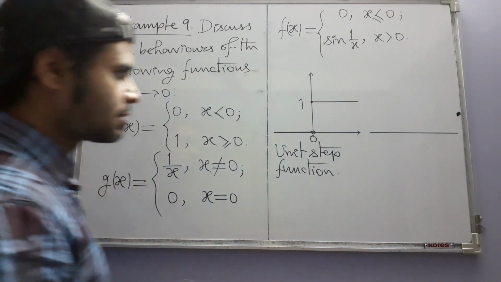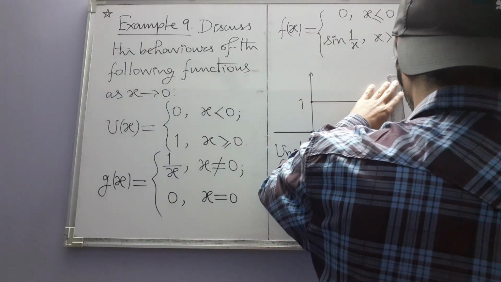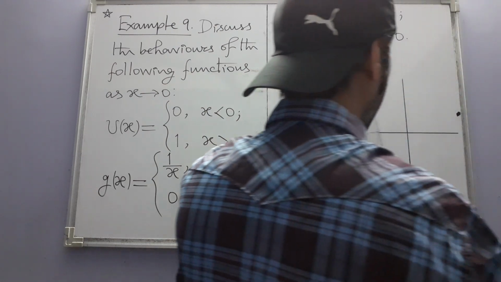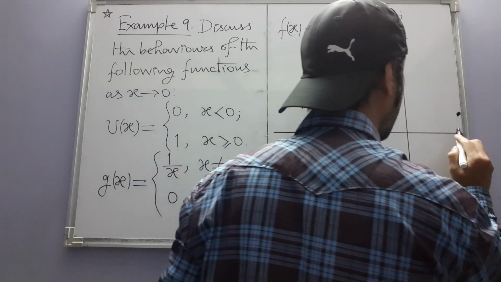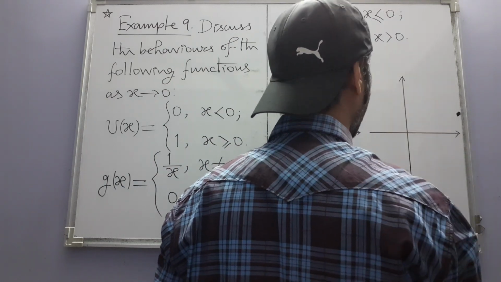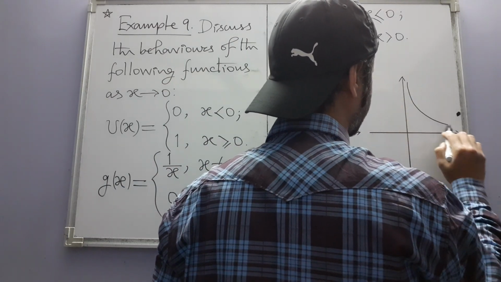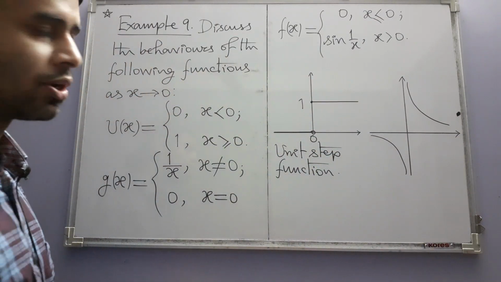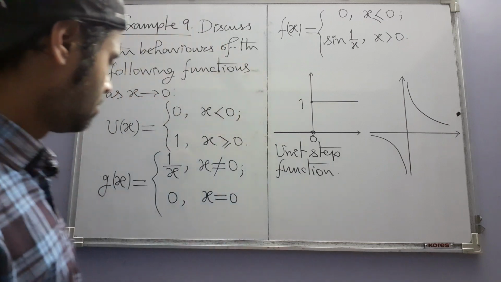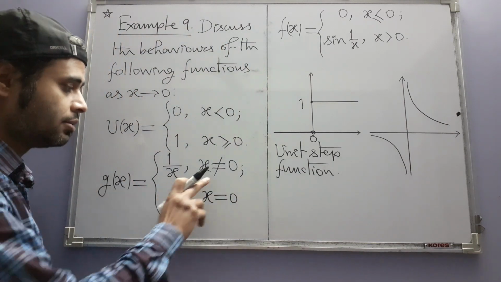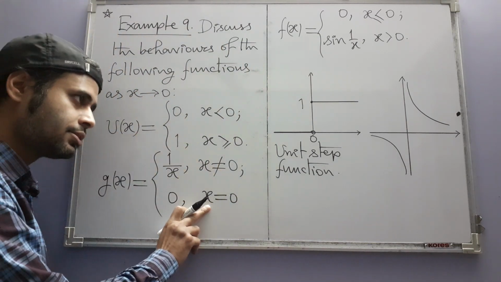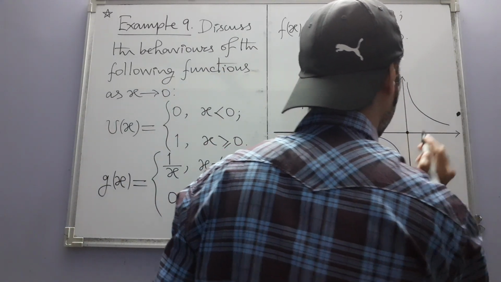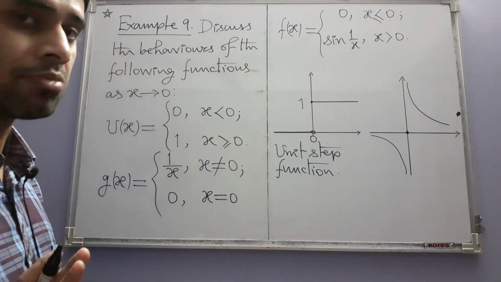And for g of x equal to 1 over x, here I will need the negative part of the y-axis too. If one looks at some values, one will see that the graph is in two parts and the shape is somewhat like this, when x is non-zero. And when x is 0, the value is 0, so there is this extra single point also, that is also a part of the graph.